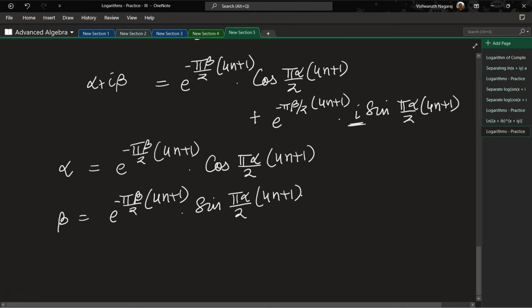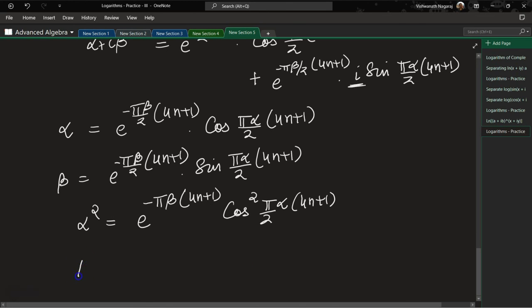Now if we take the square of alpha, what do we get? We get e to the power of minus pi beta. See, e to the power of 2, because of squaring, the 2 will cancel out this 2. So 4n plus 1, and we will have here cos square pi by 2 alpha 4n plus 1.